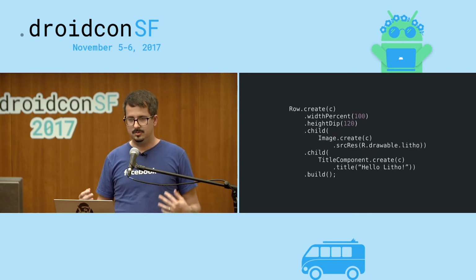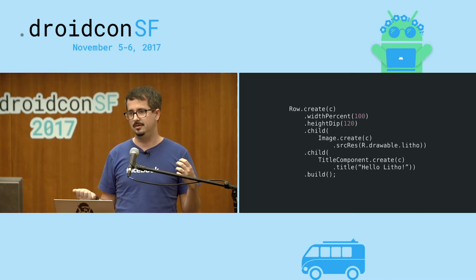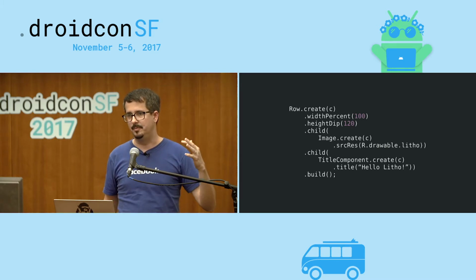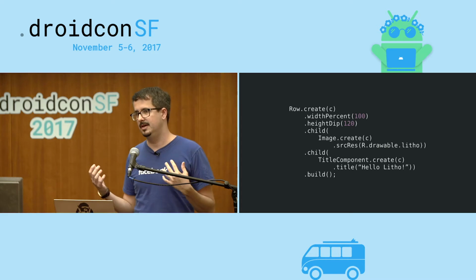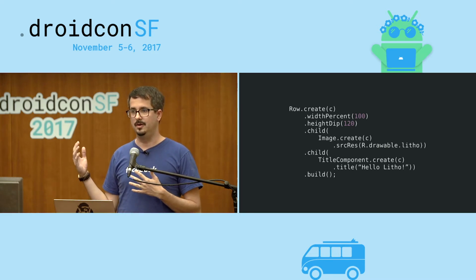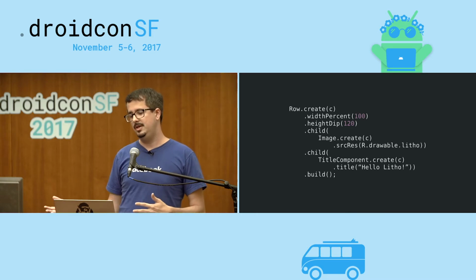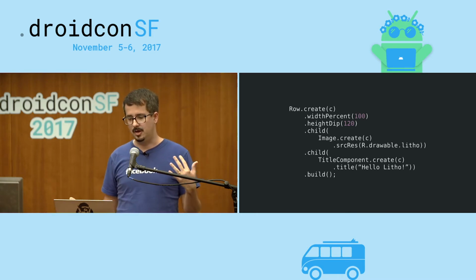Cool. So I talked about a simple component that takes title as a prop, but then you want to use it in higher level components. So Litho has a layout system. It's Flexbox, which is very well known on the web, and we expose the notion of layout in terms of rows and columns.